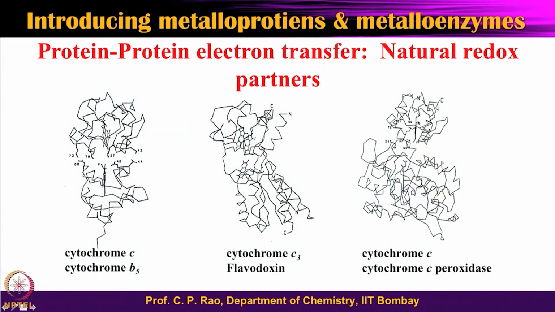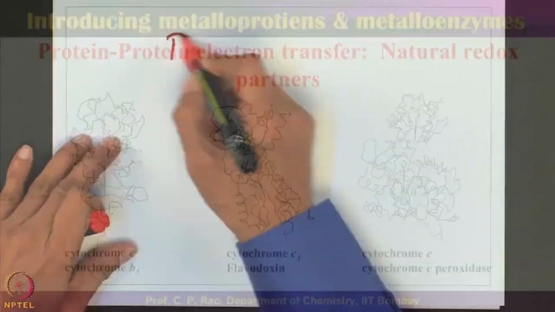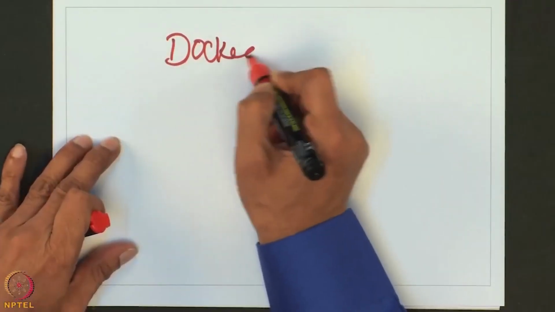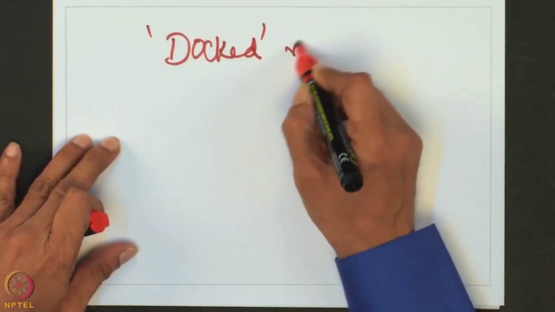So, now I have shown some natural examples of how the enzymes come closer and form a kind of complex. This region is called the docked region, the docking region. So, the two enzymes coming closer, and you have the docked region.